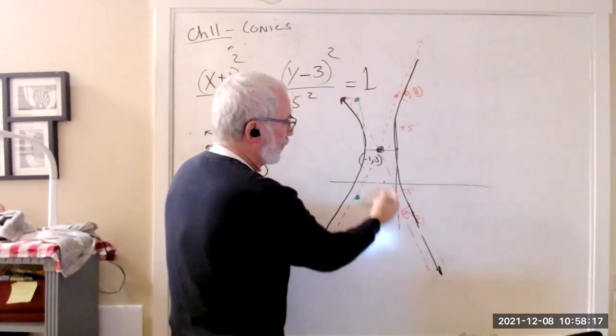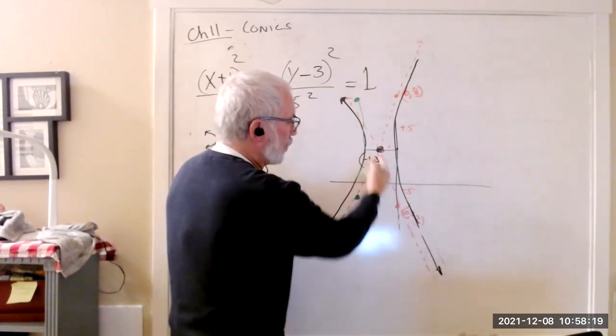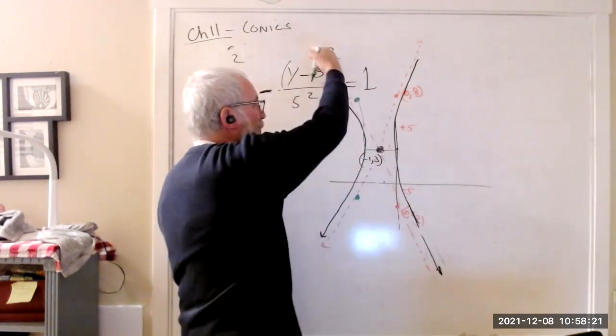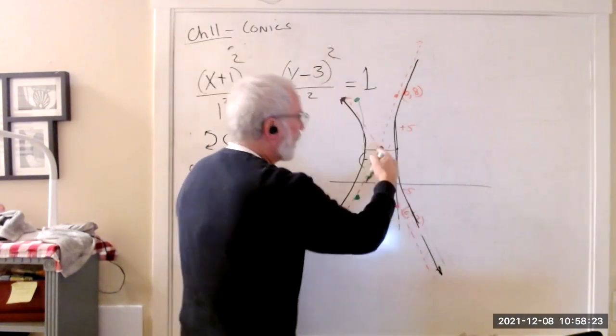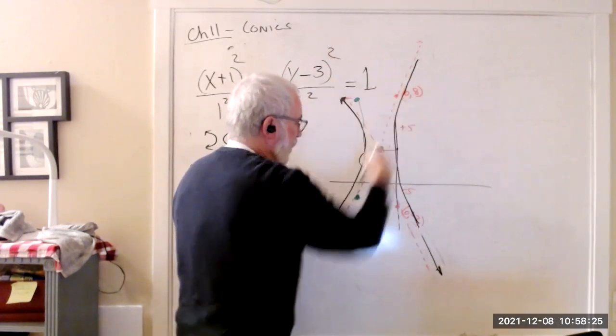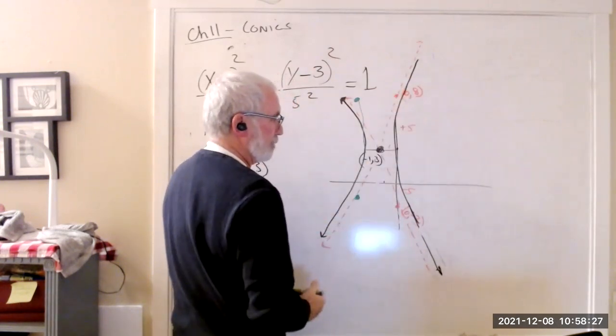But these two were enough to create this asymptote, and these two were enough to create the other asymptote. So it doesn't matter which way you go.